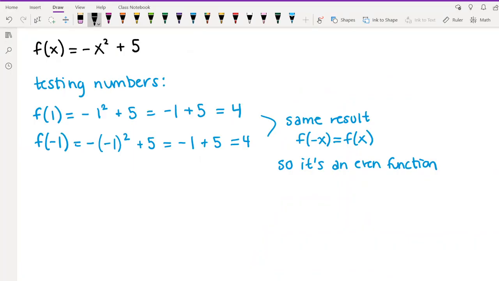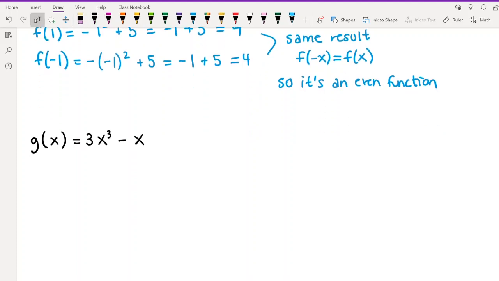Okay, next example. So this function is g of x is equal to 3x cubed minus x. So this one we don't know how to graph by hand. I'll pull the graph up a little later, but let's start by testing out some numbers. So again, we could do 1 and -1, we could do 2 and -2. Let's just do 1 and -1 because those are the easiest numbers to plug in.